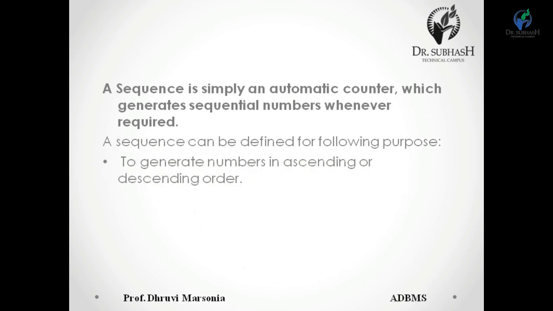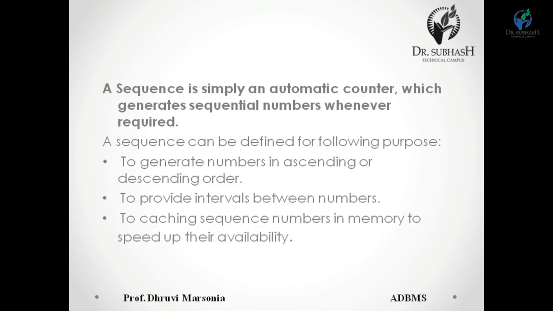So in Oracle or any database, there is a simple automatic counter which generates sequential numbers whenever required. There is no need for the user to insert them manually. It is an automatically generated counter.